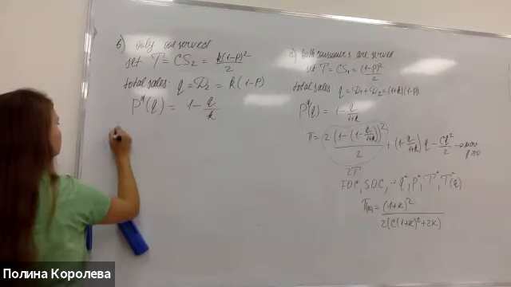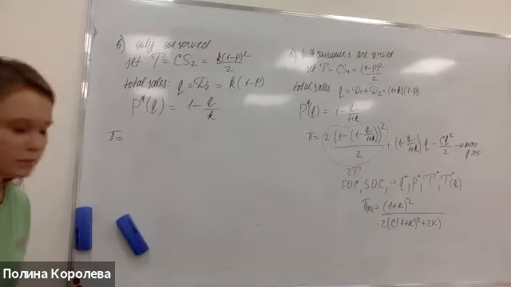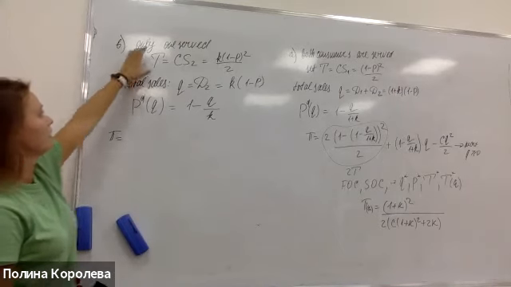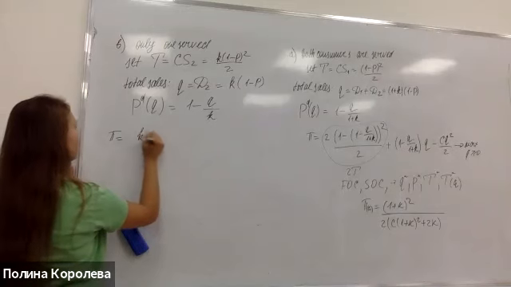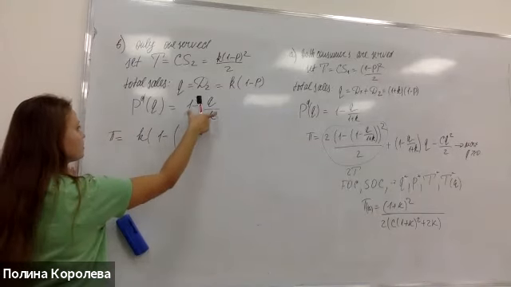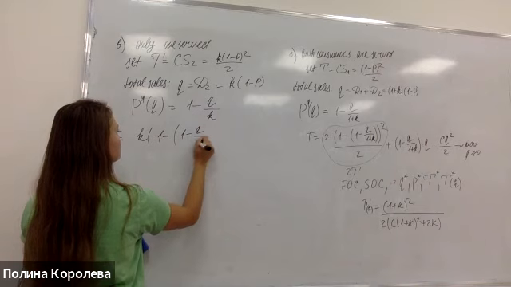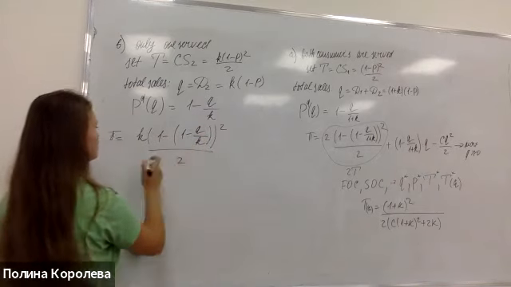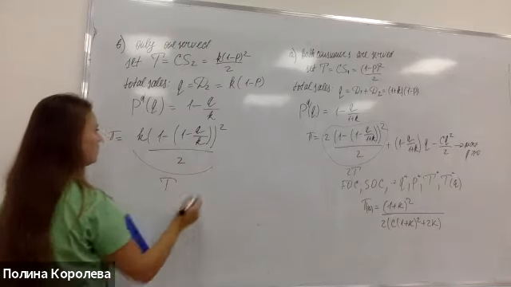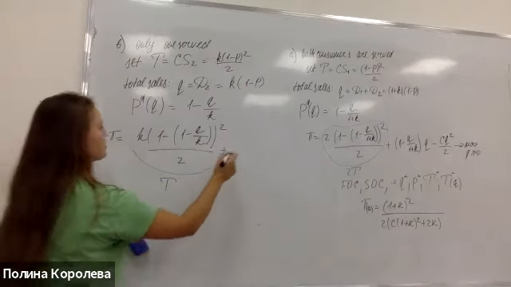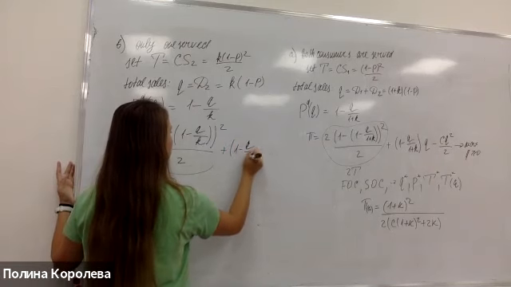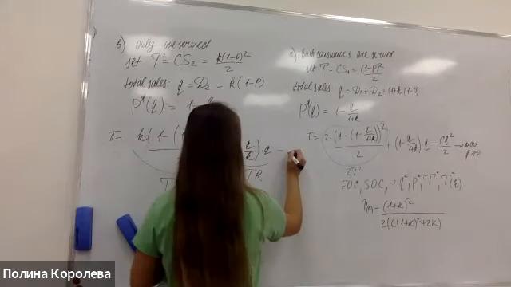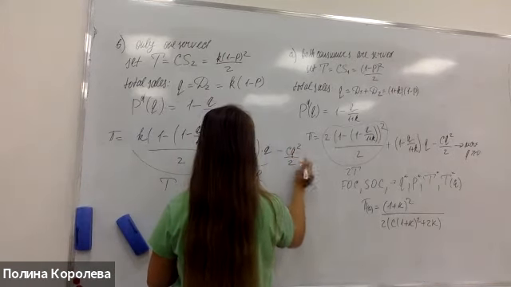And profit will be, we will sell only to the second consumer, so we will have only one entry fee, k times (1 minus inverse demand, 1 minus Q divided by k) squared divided by 2. This is the entry fee, plus total revenue, (1 minus Q divided by k) multiplied by Q. This is total revenue, minus costs, c Q squared divided by 2.